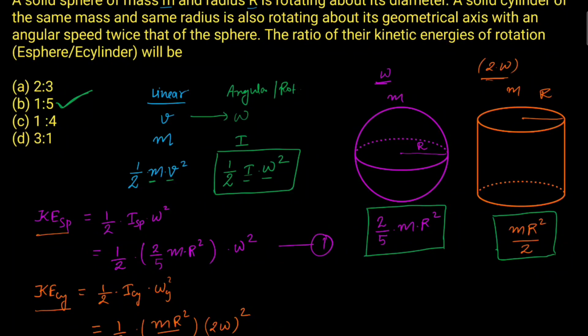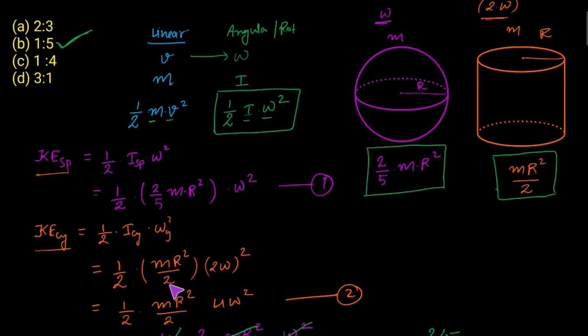So now we can find the rotational kinetic energy for the sphere, which is half I omega square, putting the moment of inertia as 2 by 5 mr square into omega square. Similarly, we can find the rotational kinetic energy of the cylinder, half I omega square. The I is mr square by 2, and the angular speed of this cylinder is 2 omega, so we have to take the square of 2 omega.